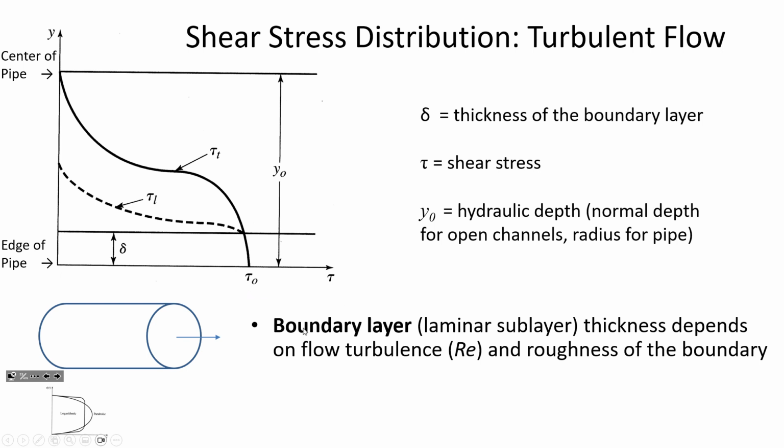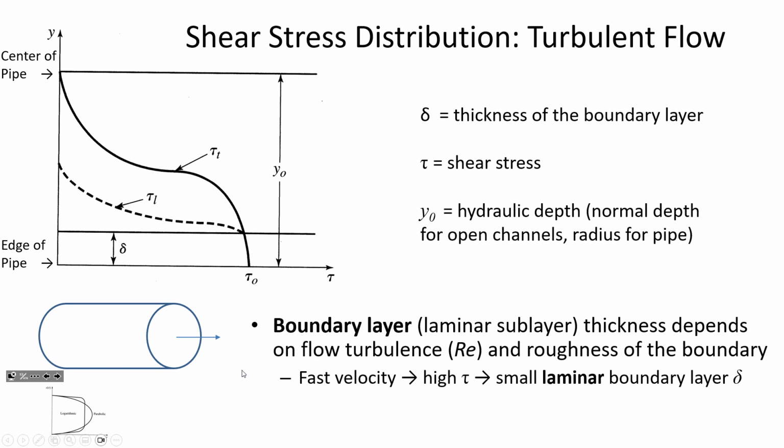So this is saying that the boundary layer thickness depends on the flow conditions and how rough the boundary itself is. So if you have a fast velocity of flow through the pipe, then that's going to be corresponding to a high shear stress, but the boundary layer, in which conditions are laminar, will be small. So the shear stress extends far into the fluid in high velocity, but the thickness of the boundary layer will be small.